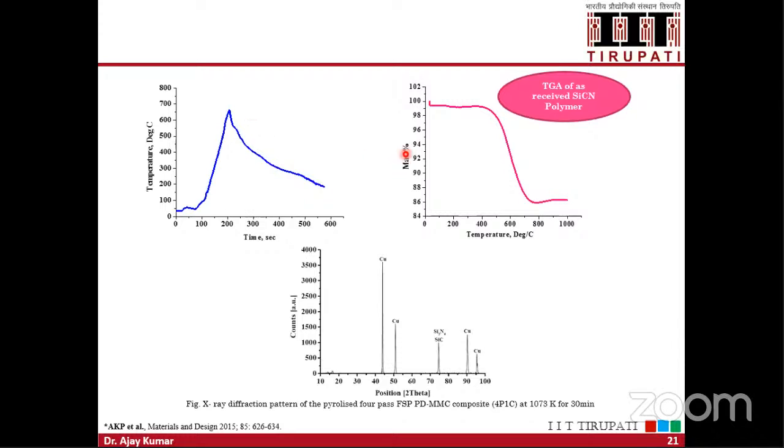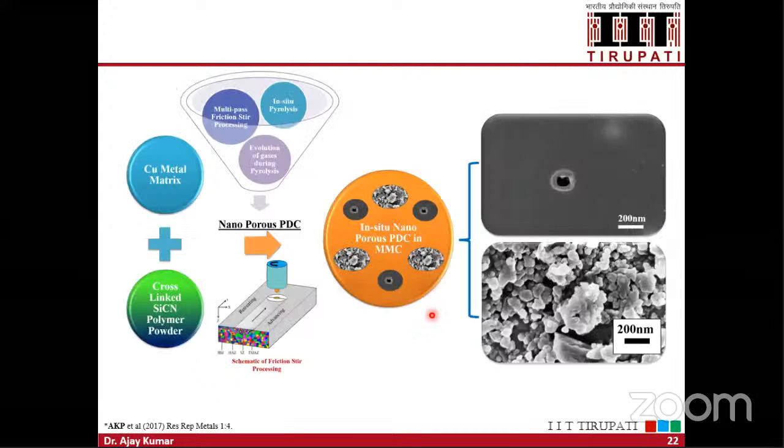So at this temperature, the silicon carbonitride cross-linked polymer will change into the ceramic phase. So these are the ceramic phases, silicon nitride and silicon carbide. These are the two ceramic phases we recognized in the composite material. So this process also can be used for making metallic foam, because as I mentioned, during the pyrolysis process these pores or voids will be developed inside the material.